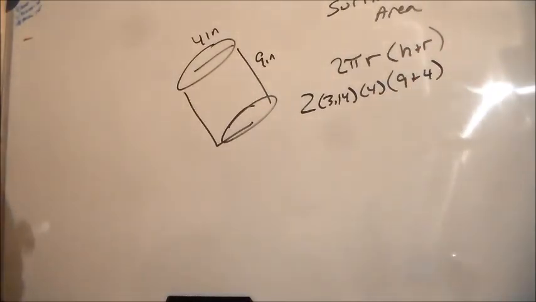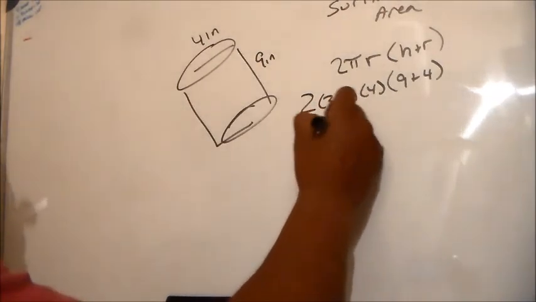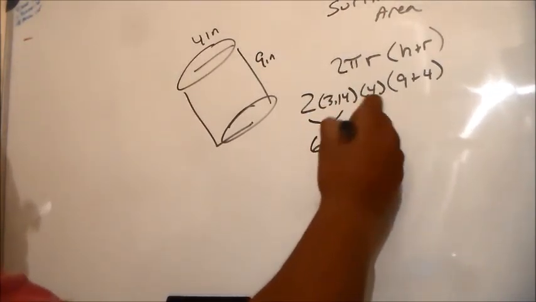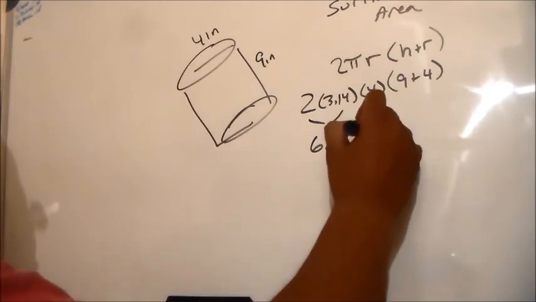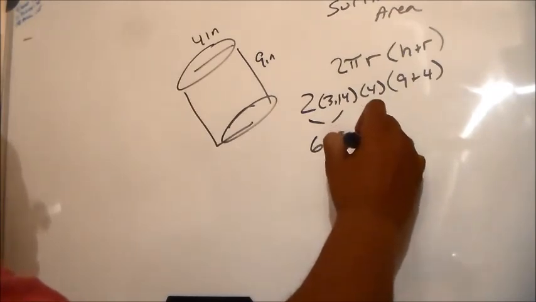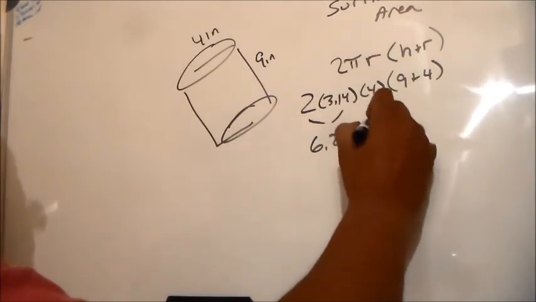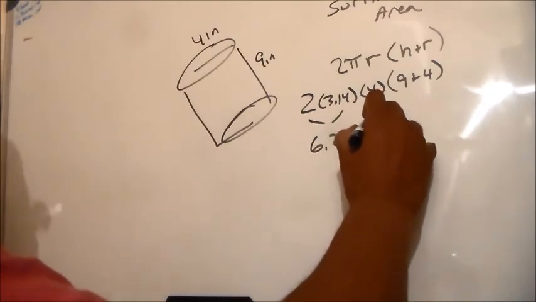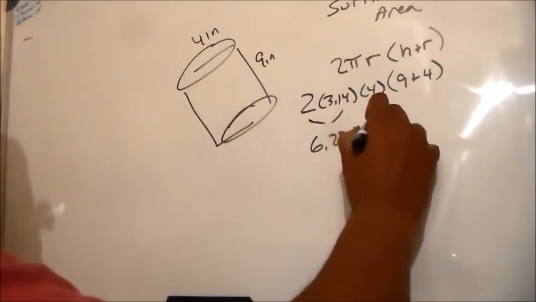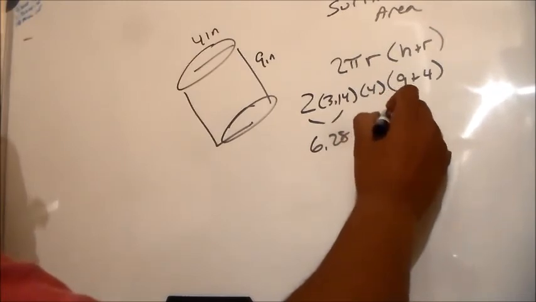Now what I would do is take the 4 and distribute it in there. So I'll take this 6.28 just to make things simple, and it's just going to be multiplied by 36.